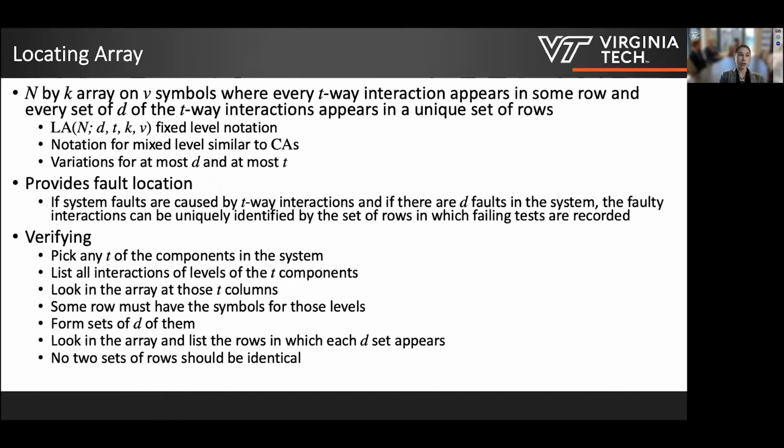We're going to look in the array and list the rows in which each of the sets appear. So if I'm looking at every way to form sets of 2 interactions, then I've got my list of interactions, and then I write out all pairs of interactions, and then I write out all of the rows for each of the pairs. And then no 2 sets of rows should be identical. So let's go through an example.